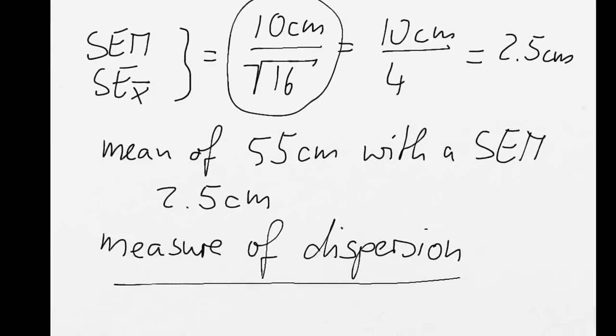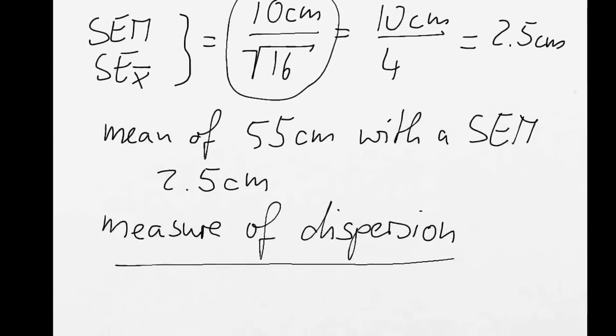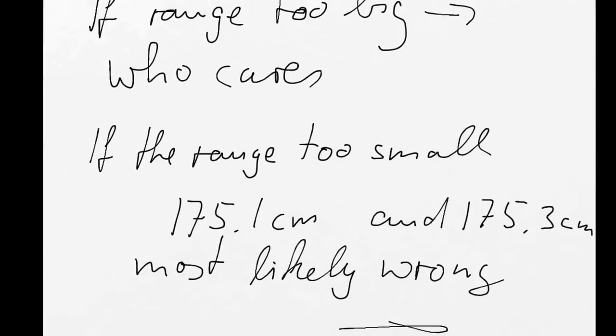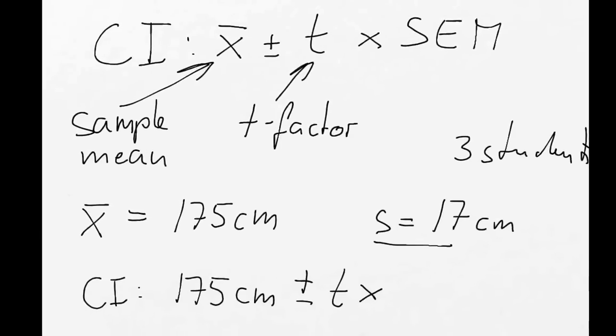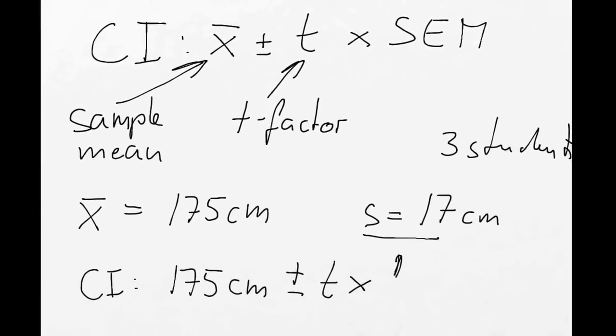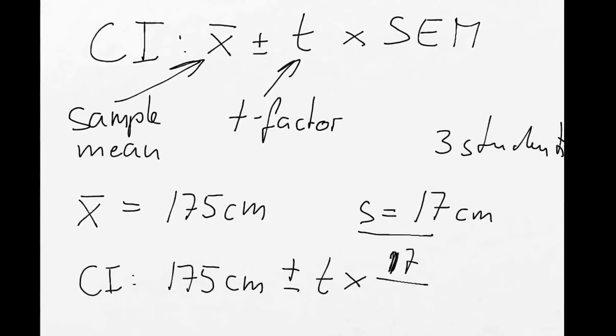So standard deviation divided by the square root of the samples. So standard deviation, that is 17 centimeters, divided by the square root of the observations that we have, that is square root 3.